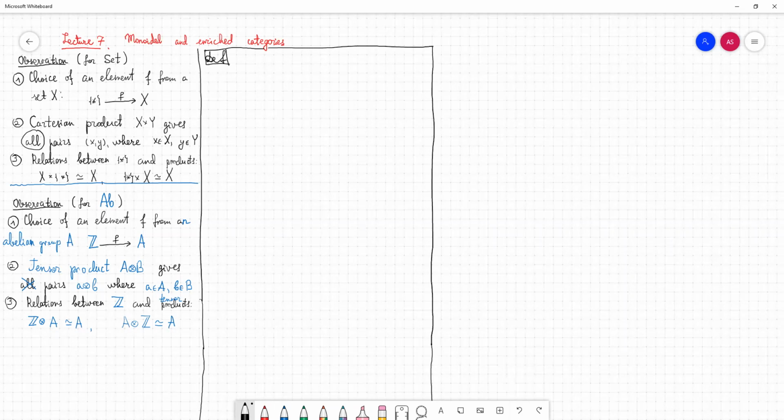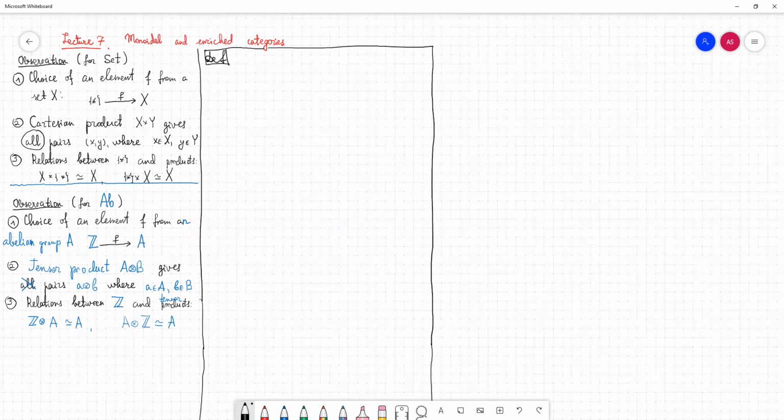The Cartesian product with a one-point set is isomorphic to the set itself. It doesn't matter on which side we are taking the product. So these are very beautiful properties that we have: choice of element, product, and the relation between singleton and product. As you see, the singleton plays a very distinguished role in this case.